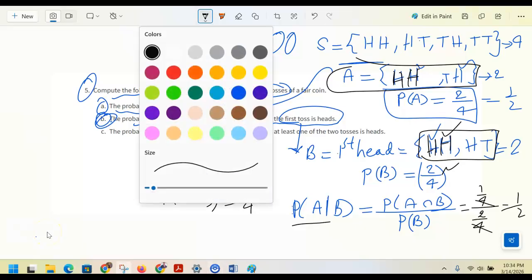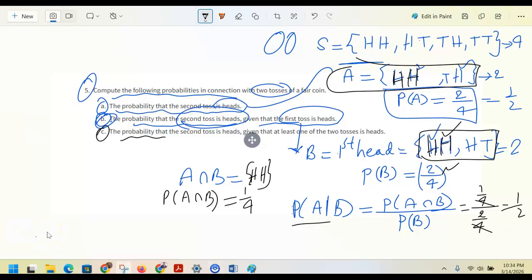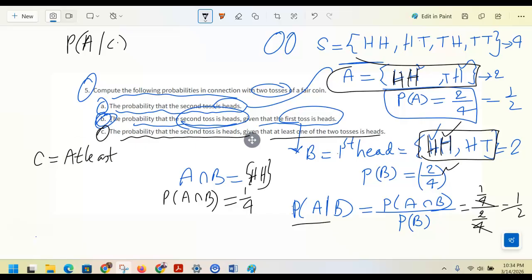And the last question is C, the probability that the second is head. That means probability of A, where A means the second one is head, and they gave us that at least one of the two tosses is heads. So we can call that another event, C. Let's write C is at least one is head.